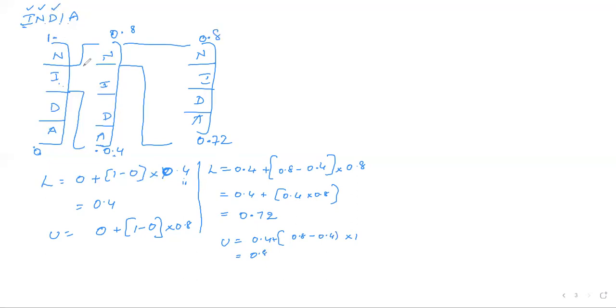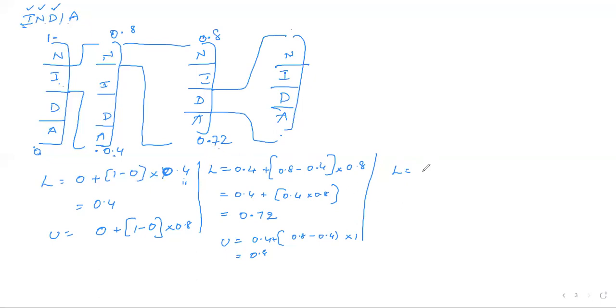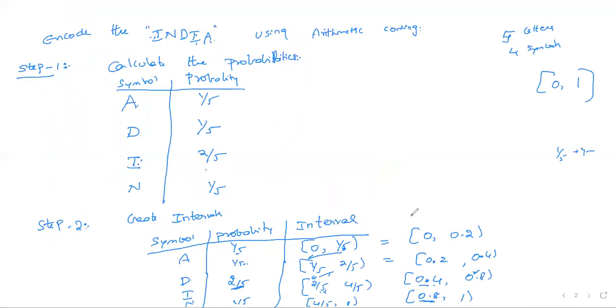Next you have to transmit D. A, D, I, N. Now you have to calculate the lower interval and upper interval again. So the lower interval is equal to the previous lower interval, which is 0.72, plus the difference of the interval into the symbol you are transmitting now, D. The D lower interval is 0.2.